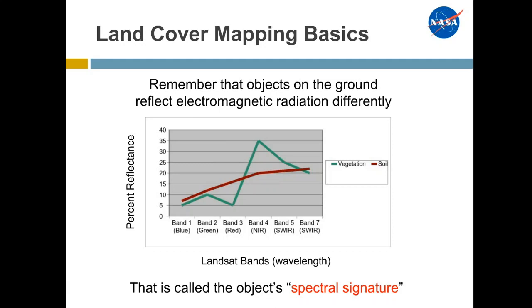And please note that these are Landsat 4, 5, and 7 and not Landsat 8. The y-axis represents the amount of reflectance of radiation for different land cover types. Vegetation reflects both green and near-infrared wavelengths, while soil reflects a little higher in the shortwave infrared wavelengths. These are called spectral signatures.